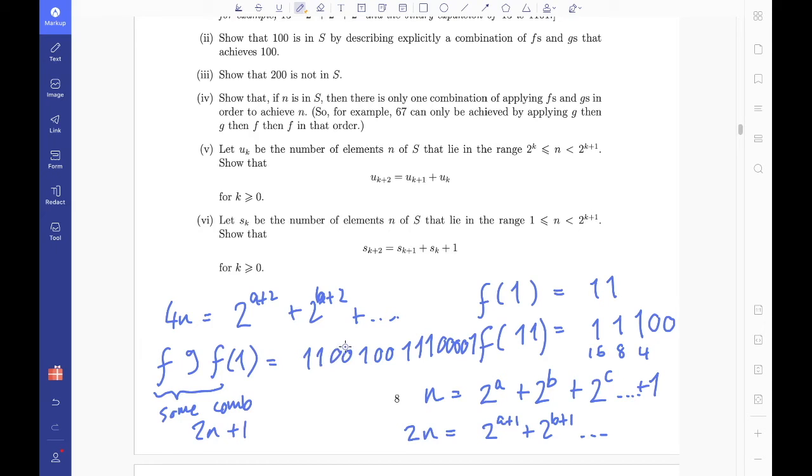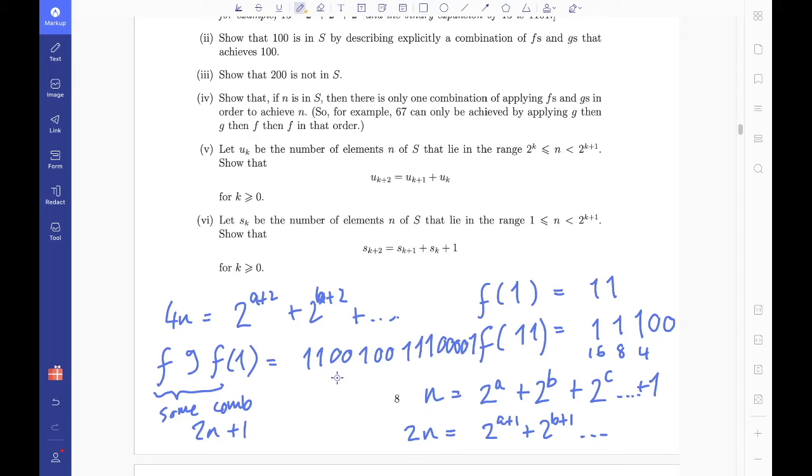Okay, so the next part says show that if n is in S, then there is only one combination of F's and G's in order to achieve n. So for example, 67 can only be achieved by applying G, then F, in that order. This is proven by what we've been talking about, by the fact that every unique combination of 1s and 0s encodes a different number in binary, and a different number, period, really.